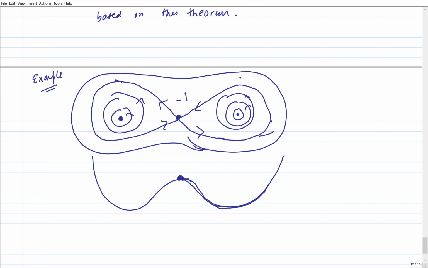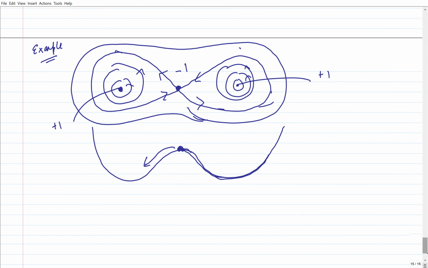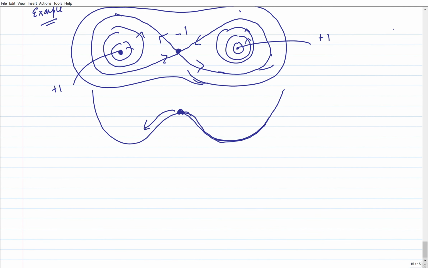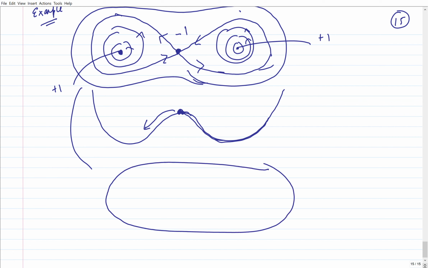So over here I have -1, over here I have +1, over here I have +1. So this is the trajectory, and if you look at the kind of fixed points, for example this trajectory is allowed because it was +1, -1, +1, so the net index is +1.